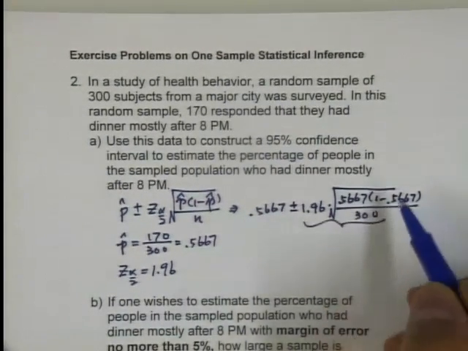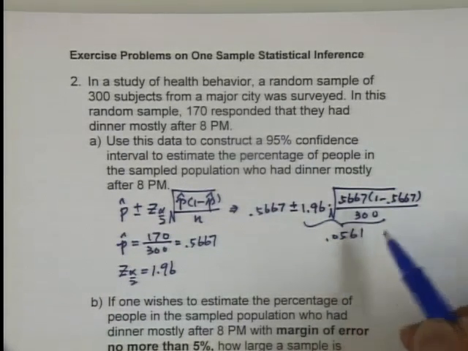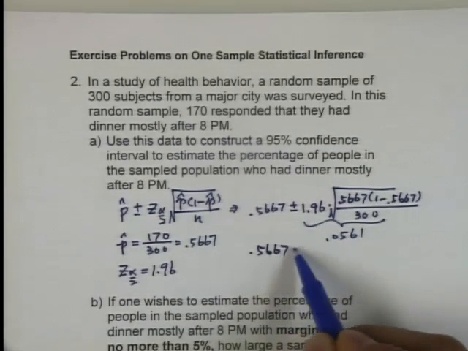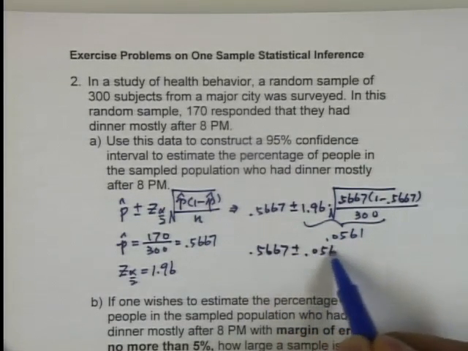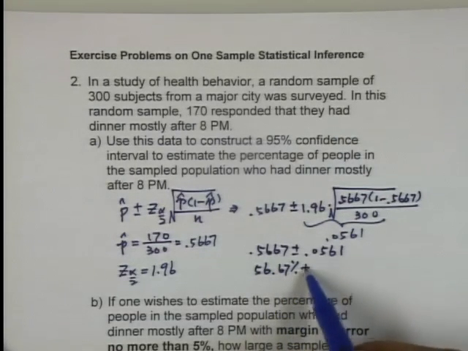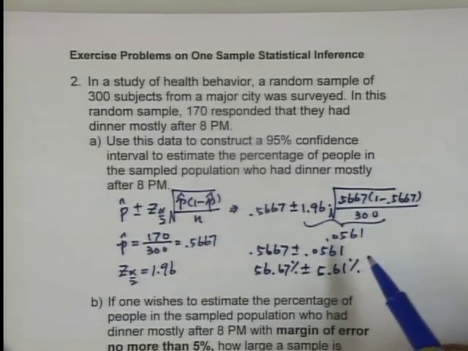So this number is 0.0561, right? So I will have 0.5667 plus or minus 0.0561. Or if you convert it to percentage, 56.67% plus or minus 5.61%. That will be your answer.